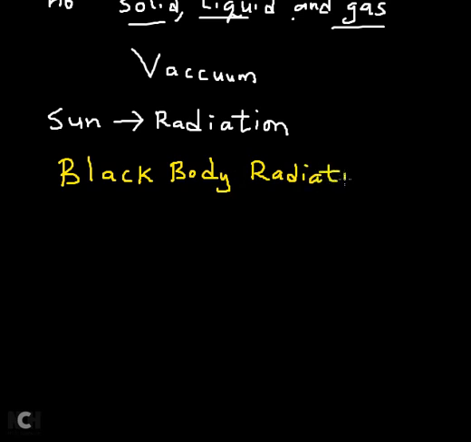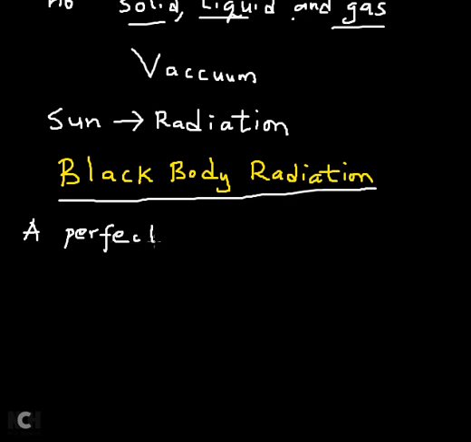By definition, a black body is a perfect absorber or emitter of radiation. A black body is a perfect absorber or emitter of radiation.